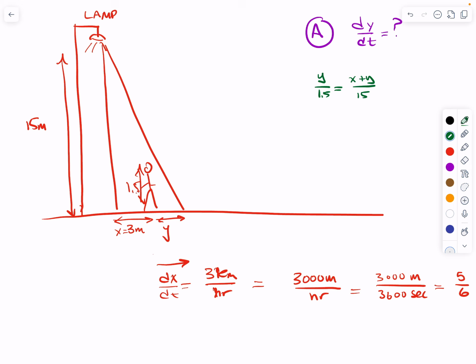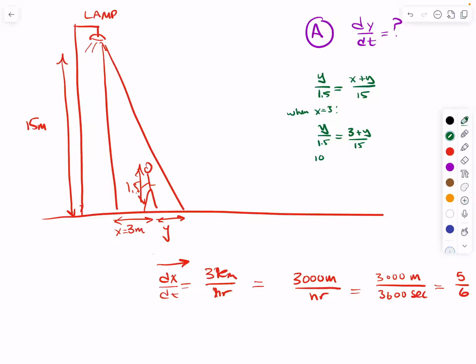This is going to allow us to figure out what y is at this moment in time, this snapshot that we're taking here. And so when x equals 3, you have y over 1.5 is equal to 3 plus y over 15. This is convenient.